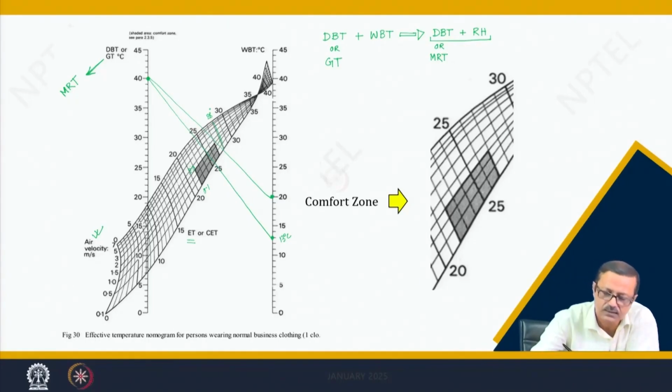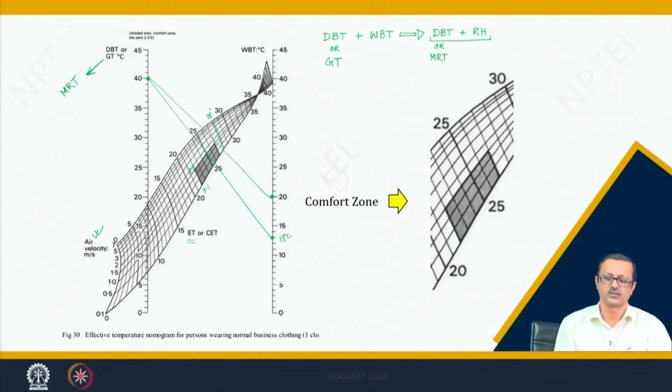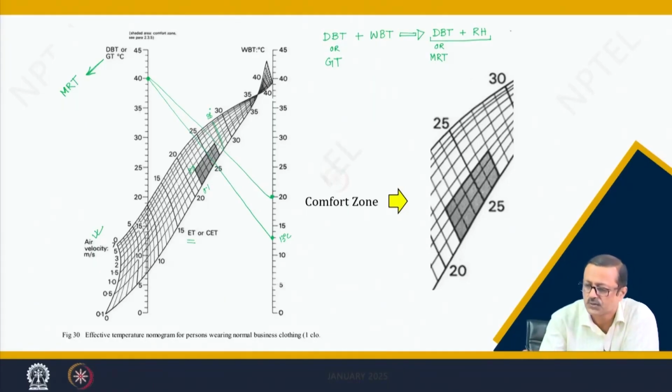But this line passes through almost about 20 to 21 degrees, sorry, it will be around 25 degrees. Even though the dry bulb temperature is much higher, 40 degrees, because of the air velocity and the humidity present in that particular air, the effective temperature will be around 25 degrees. So, these two are now combined with the air velocity and that leads to the effective temperature.